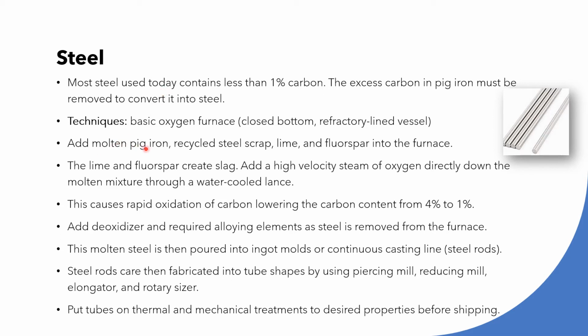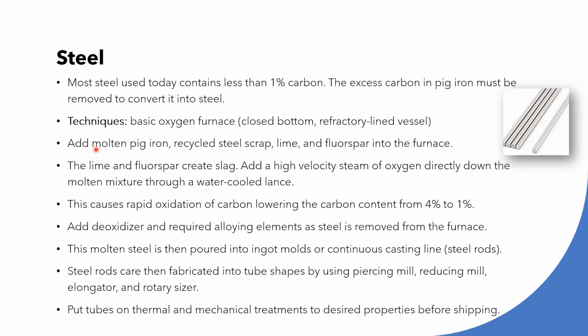If you take a look at the technique, we just use a basic oxygen furnace. If you don't know what that is, it's very simple. You have a closed bottom, and you have a refractory lined vessel. A vessel is just a big container.